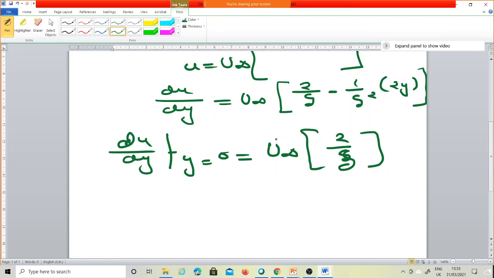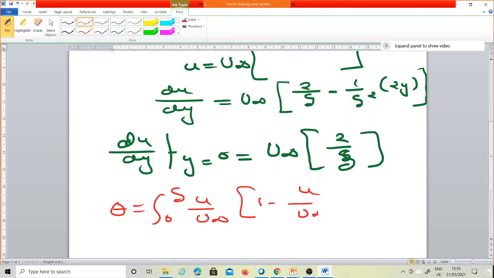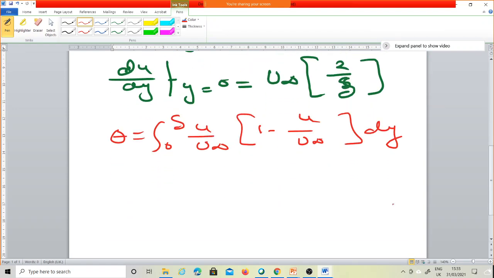You just find out the theta first. What is the theta? Theta is the integral from 0 to delta of u by u infinity times 1 minus u by u infinity, dy. You already know that u by u infinity already has the values, right?